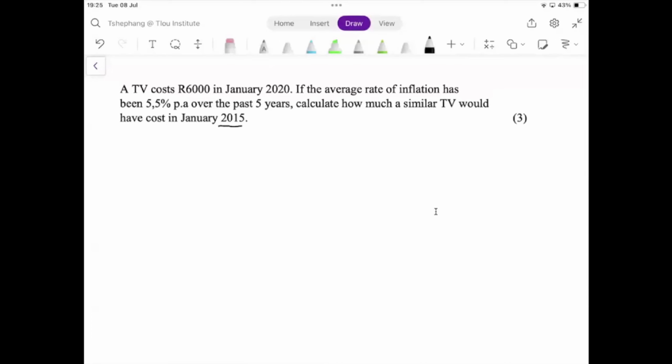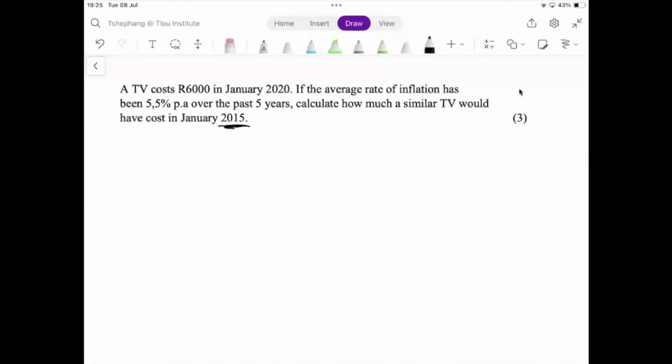Now we are dating it backwards. What is it that we're trying to calculate? We're trying to calculate how much it cost back then. So the TV cost 6,000 in January 2020. The average rate of inflation has been 5.5% per annum over the past 5 years. Calculate how much a similar TV would have cost in January 2015.